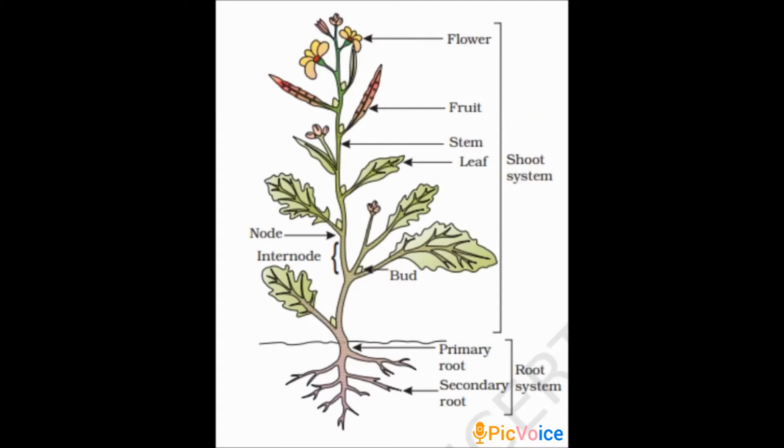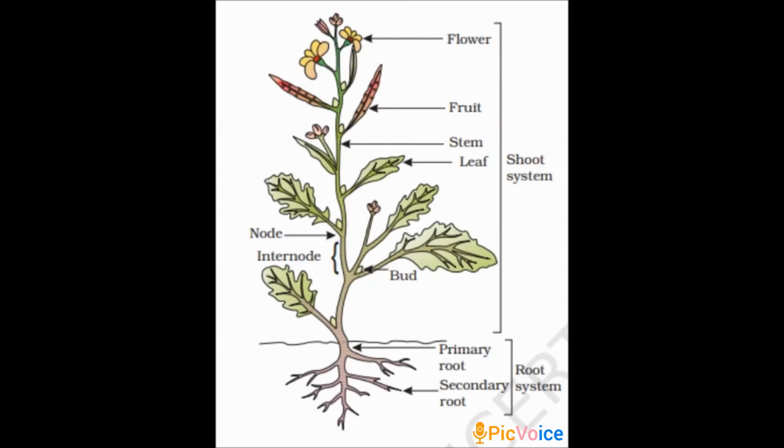So you can see what parts are covered in root system and what parts are covered in shoot system. In root system, the roots will be covered. In roots we can see the parts of the root as primary root, secondary root. And if we come to shoot system, it covers flower, fruit, stem, leaf, bud, node.